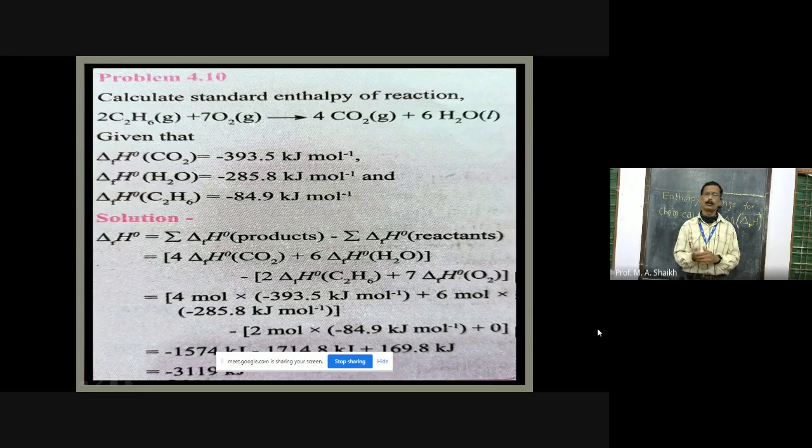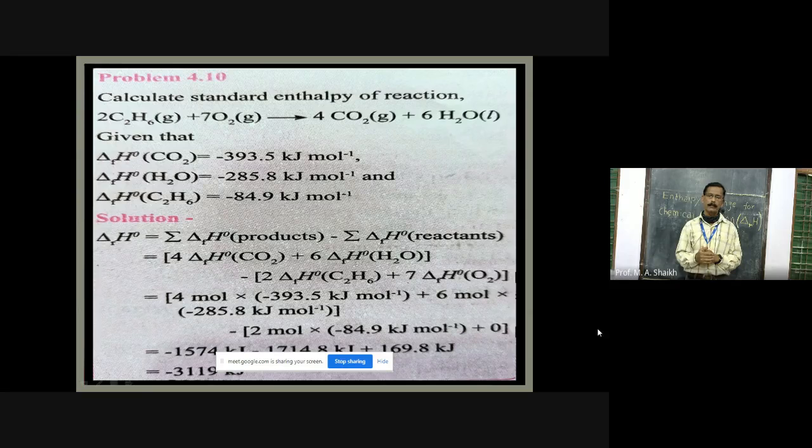Because there are 2 moles of C2H6, plus 7 into standard enthalpy of formation of oxygen. Why 7? Because there are 7 moles of O2, and O2 is the second reactant. Just see the values, what values we have to write in the next step.